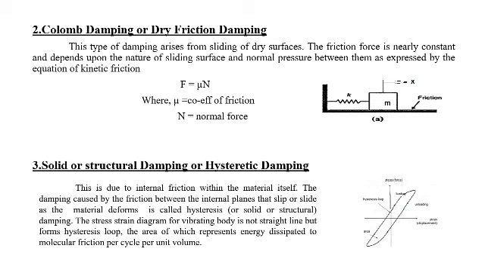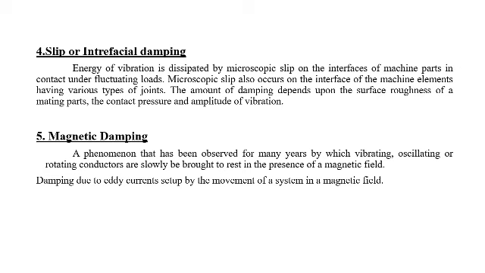The stress-strain diagram for a vibrating body is not a straight line but forms a hysteresis loop, as shown in this diagram, the area of which represents the energy dissipated by molecular friction per cycle per unit volume. So this is the third type: solid, structural or hysteresis damping.